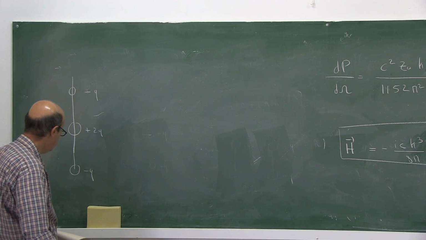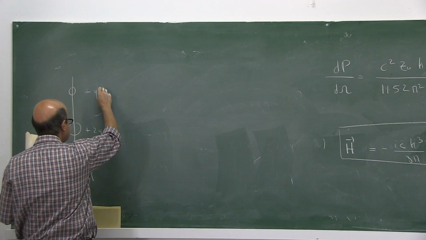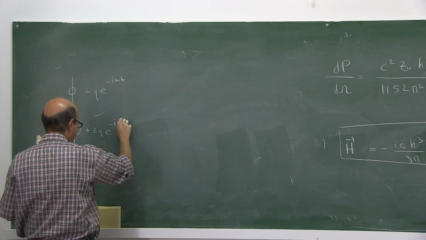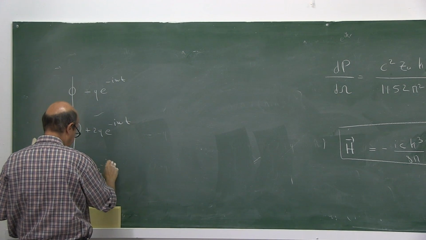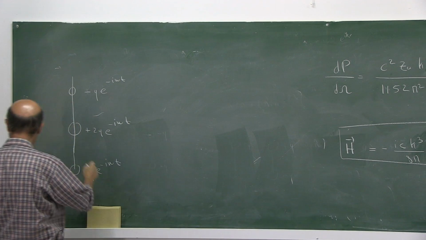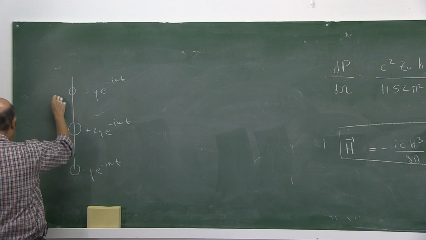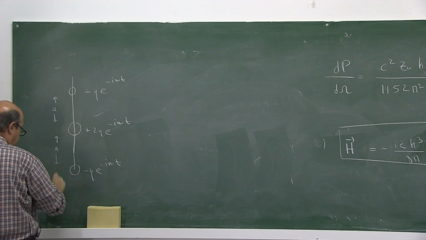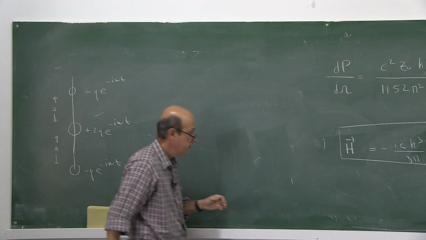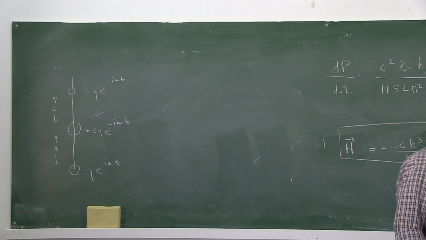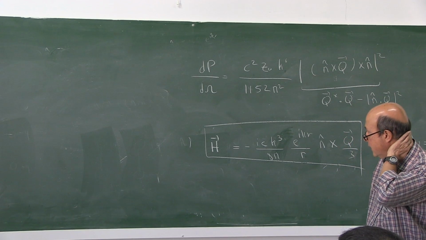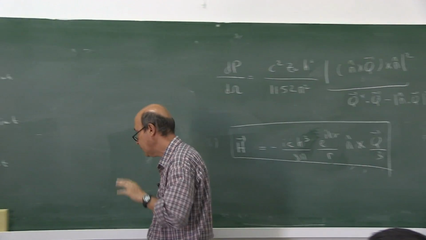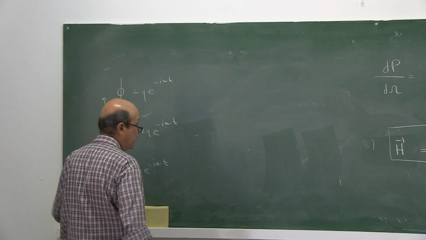Total charge is 0. Suppose that these charges are changing somehow with frequency omega in time, and suppose that they are separated by an amount a. How can we calculate the quadrupole moment, the emitted power per solid angle, and the total emitted power?